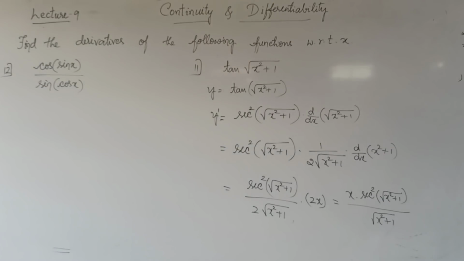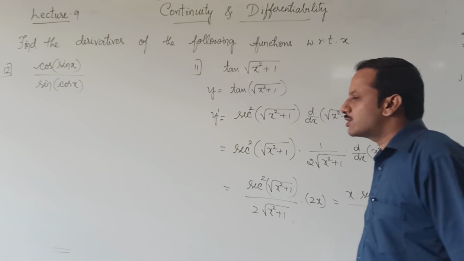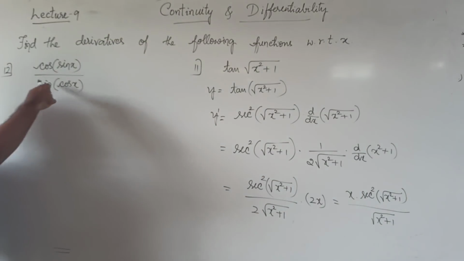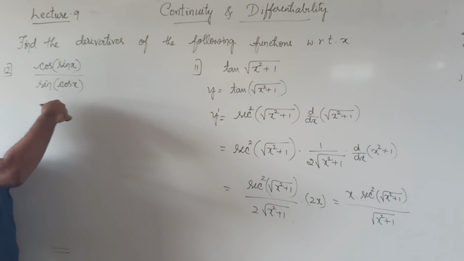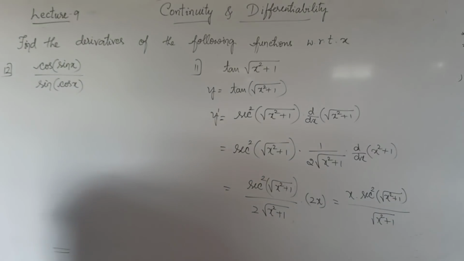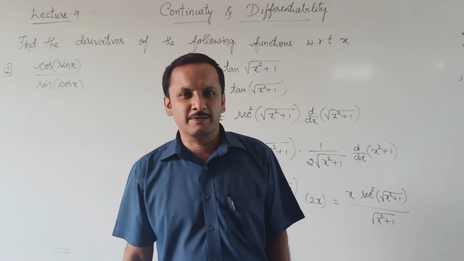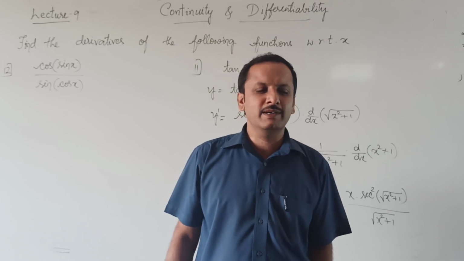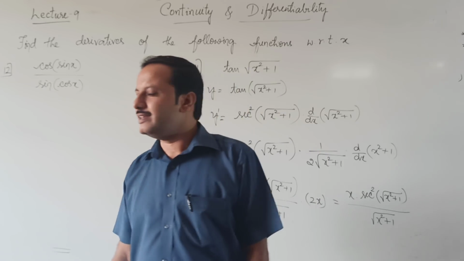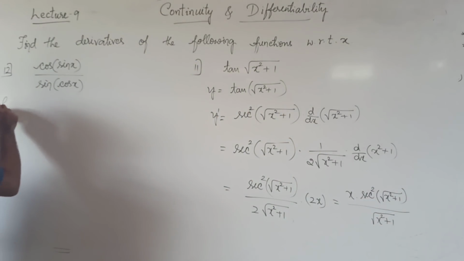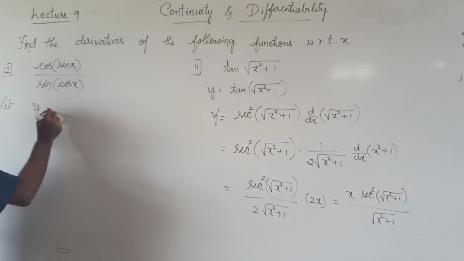This is what we have to differentiate. Some students cancel this sin, cos, and also cancel x. Then 1 will remain, and when you differentiate, you will get 0. If you write that in the exam, the marks will also be 0. So you cannot cancel them. Then let us see how to differentiate this.